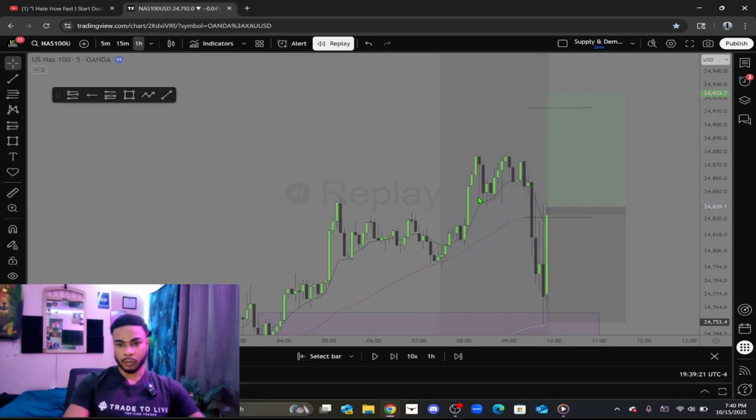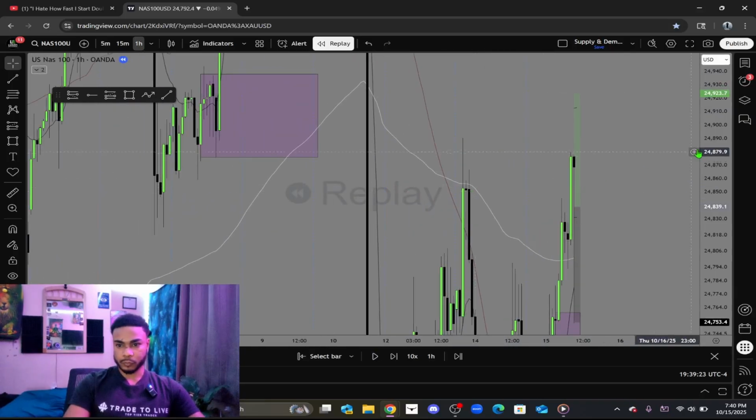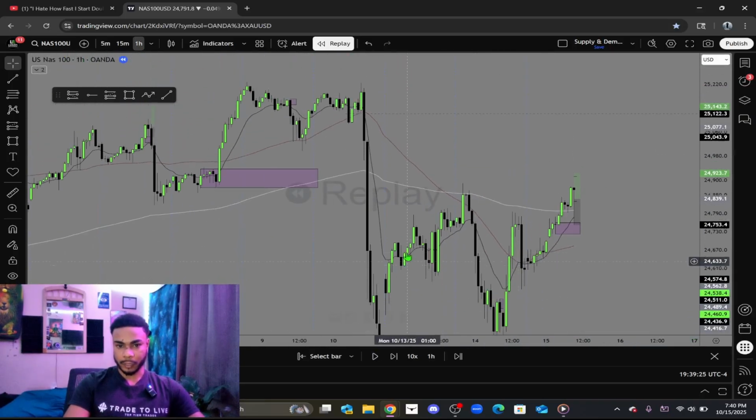Also on the 1 hour, we can see that clearly price right here pushed down. This was a couple days prior. Price had pushed down aggressively, and now price is slowly correcting itself, slowly filling in all these gaps that didn't get filled in. And then there's a gap right here on top that still has to get filled in.